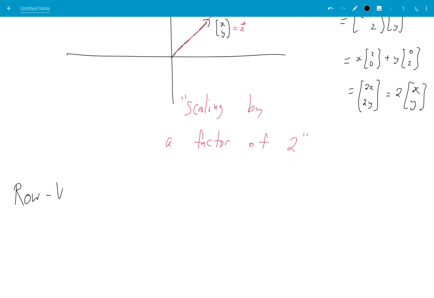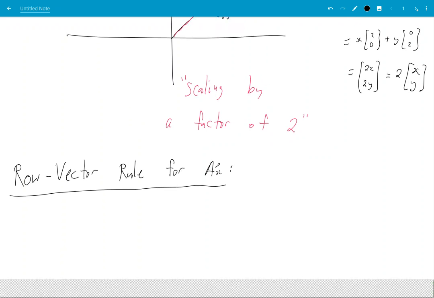Let's go over the row vector rule for Ax, the row vector rule for the product of a matrix times a vector.